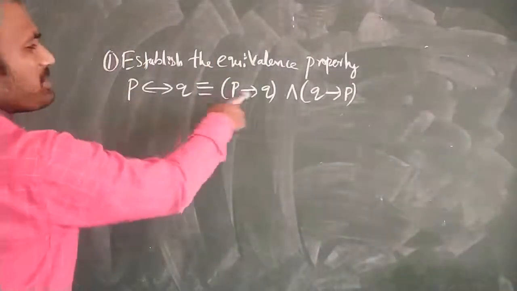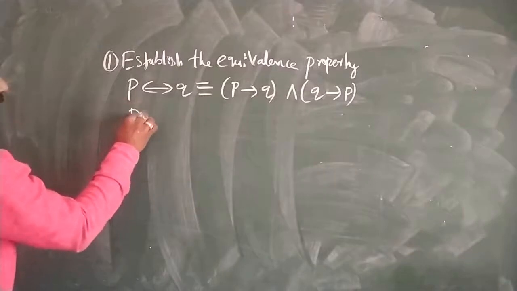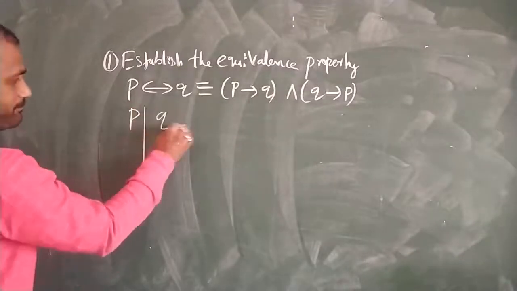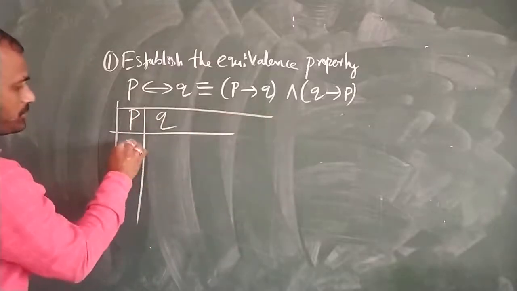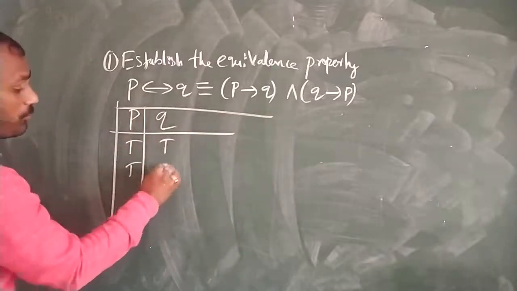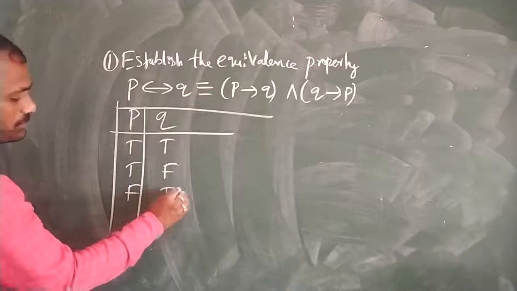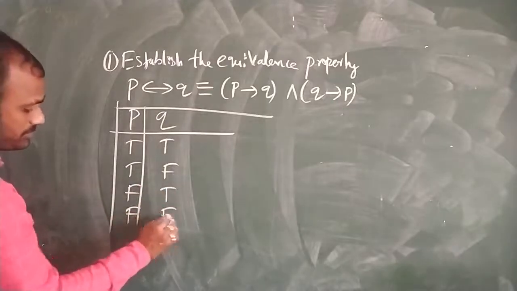How many variables are there? We can see only two variables, so totally four rows are obtained. So true, true, true, false, false, true, false, false.